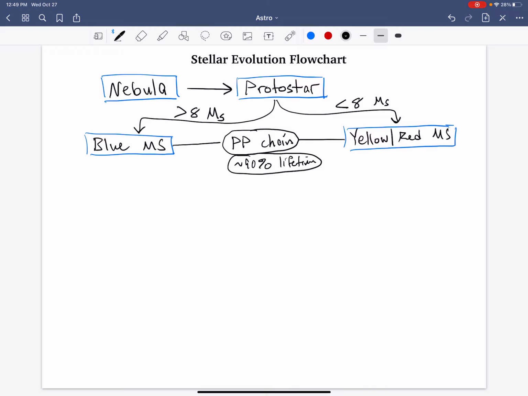Remember, the atom of helium is more massive than hydrogen, so it falls to the center and just kind of builds up. That pushes the hydrogen fusion to a layer around this helium core, this helium ash. And so eventually, when you get enough helium, the hydrogen is pushed out of the core.